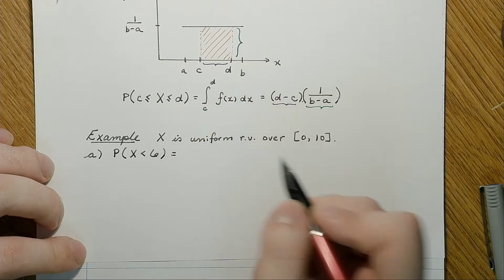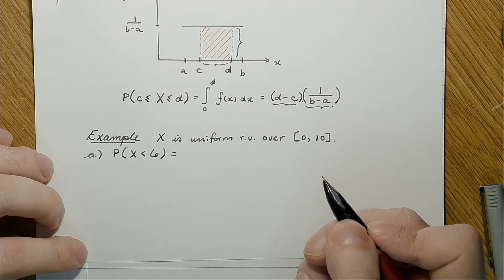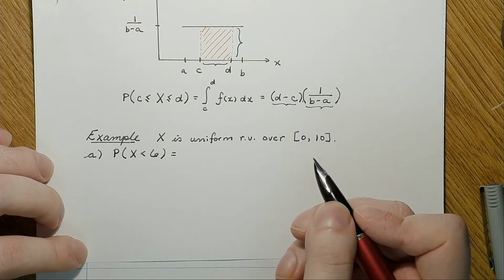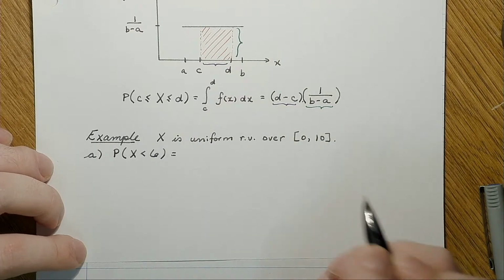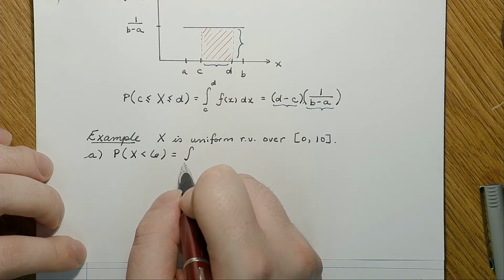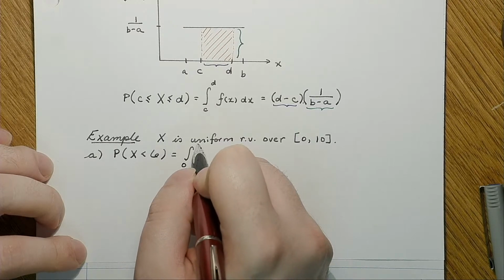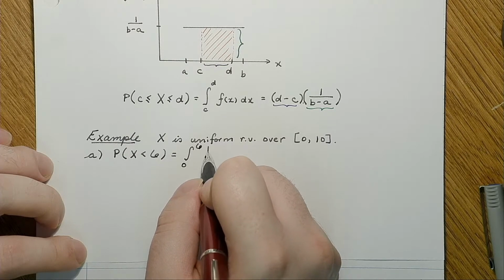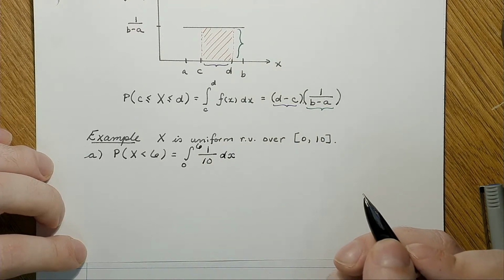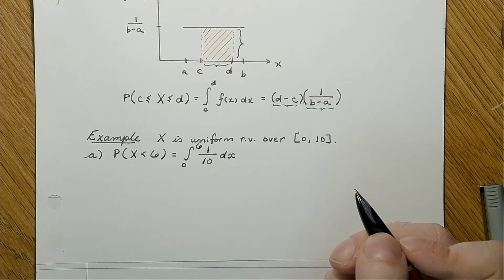So what do you think it is in the chat? X is less than 6. Six-tenths. Do we need f of x?